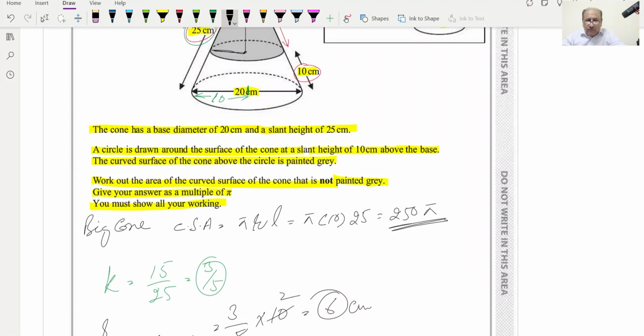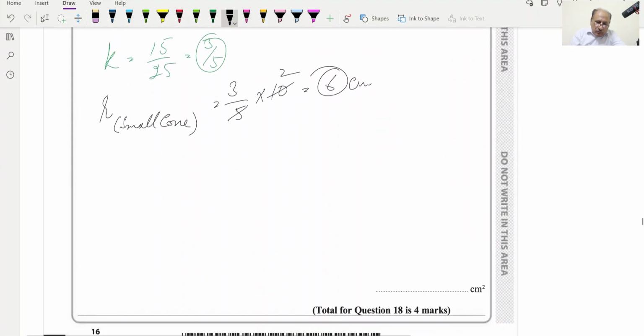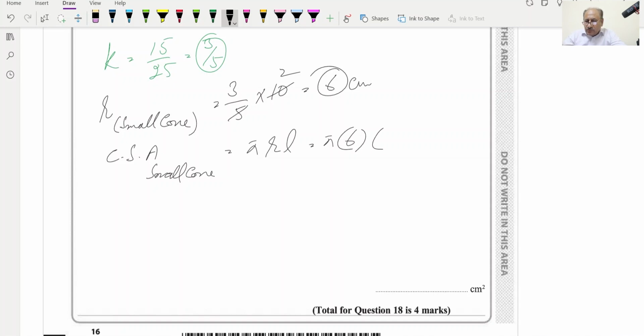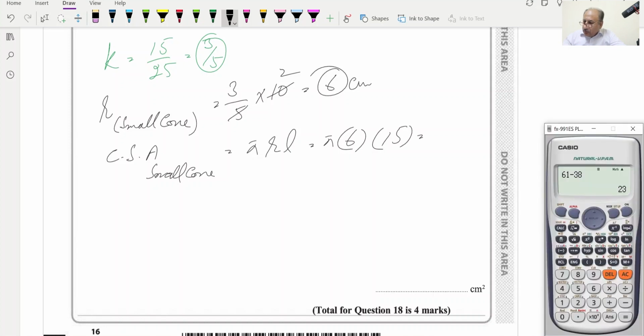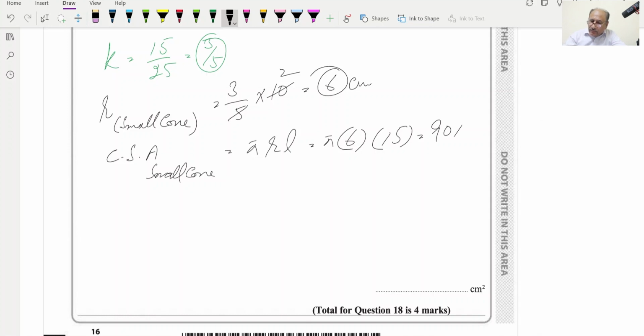Now we can find curved surface area of small cone. So curved surface area of small cone will be equal to pi r l, and r we found as 6 and l we already have, which is 15. So we can write this as 15 multiplied by 6 is equal to 90, so 90 pi.